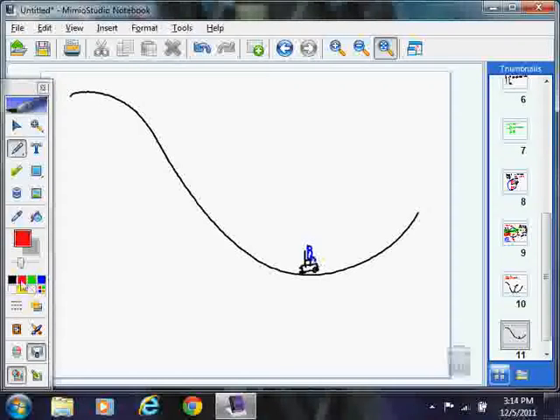So basically, right there at the bottom, their weight force is pulling them down, but the seat is pushing up with the normal force. And they say that that normal force pushing up on them is equal to twice their weight force. So that's equal to 2 F sub G.